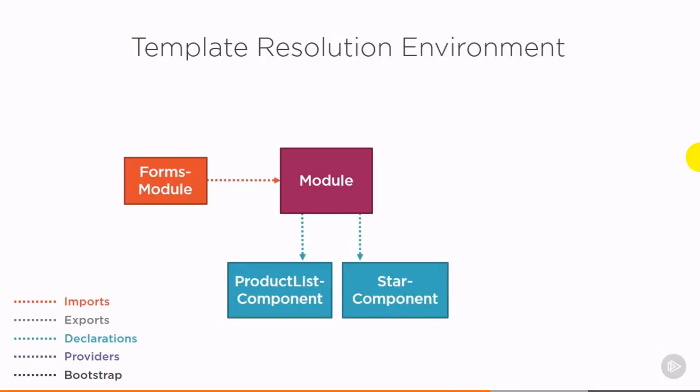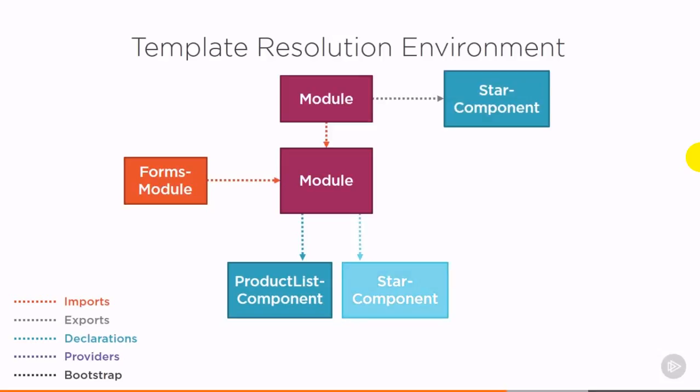Since the star component is one we created, we can either declare the star component within the module directly, or we can import another module that exports the star component. Importing an Angular module brings in the functionality exported by that module. And we'd need to do one or the other, never both.